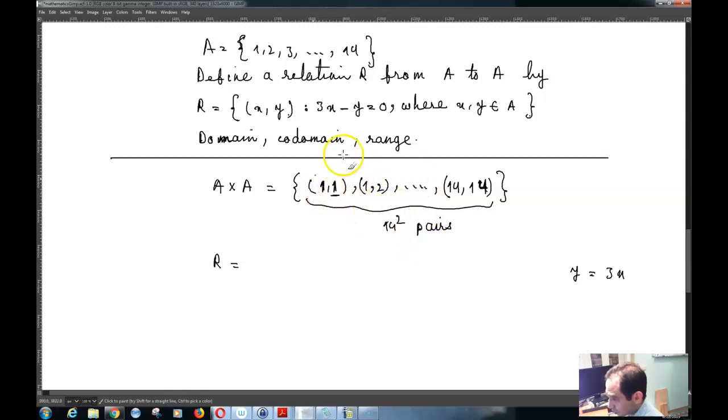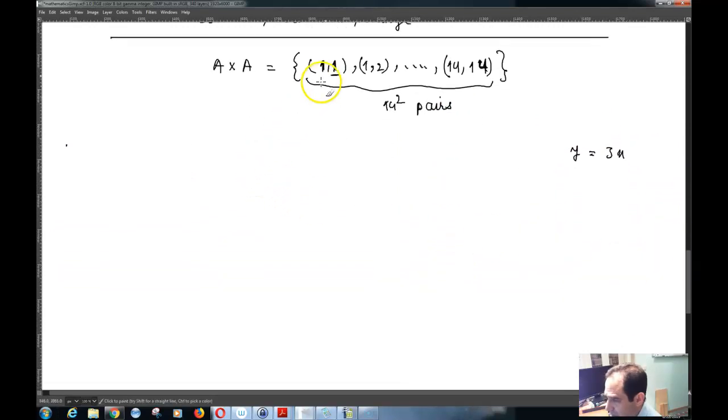So now in order to find out what members this set is going to have, you need to do a simple experiment. For example, if I write R over here, if I choose 1, 3, you can see that over here y is equal to 3 times x. 3 times 1 is equal to 3.